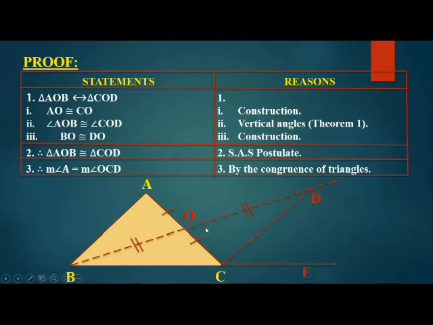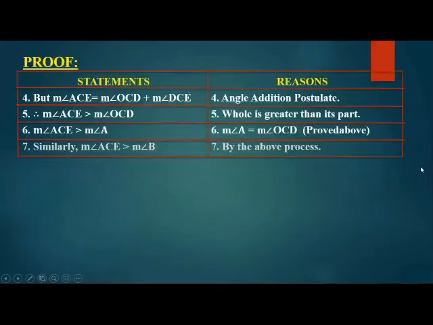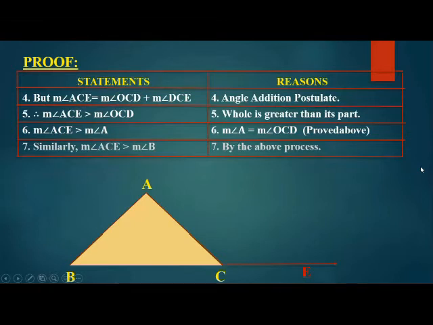Why? Because if these two triangles are congruent to each other, then the corresponding angles are equal. So angle A is the corresponding angle to angle OCD. So they both are also congruent to each other. Now, moving forward, angle ACE is equal to OCD plus DCE.